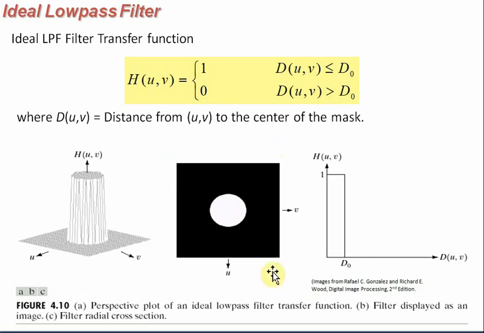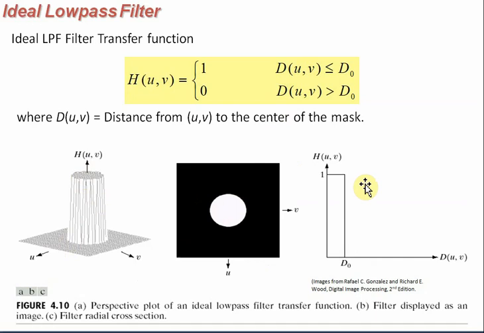The whole thing is h of u comma v, but where the intensity values are high, that is nothing but d of u comma v. This whiteness is represented as d of u comma v. Now this one is the image to represent h of u comma v. This is the plot or graph between h of u comma v and u comma v.